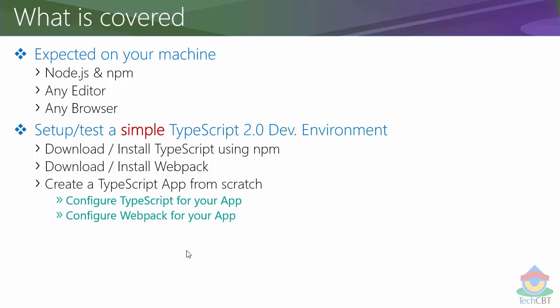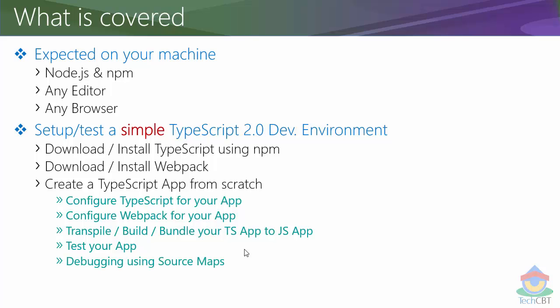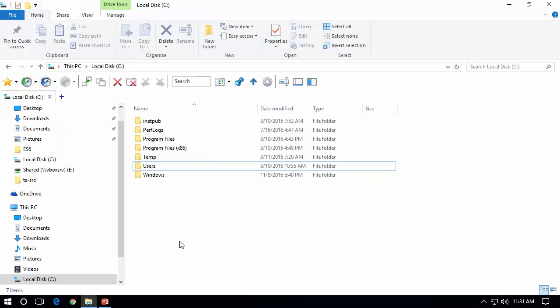We are going to configure Webpack for task running and performing other tasks. We are going to transpile or build or bundle your TypeScript application into a JavaScript application so that all the browsers can understand. We are going to test our application. We are going to debug our application using source maps and so on. So let us jump directly into our code.